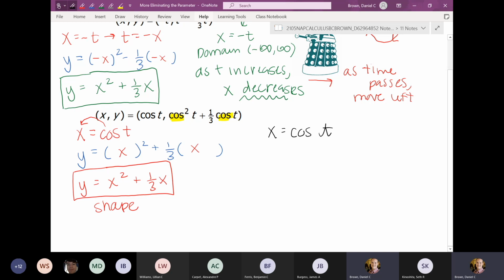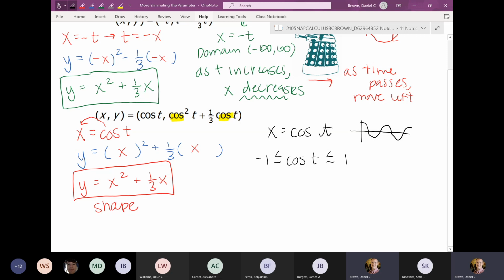So let's think about the restrictions first. Well, if x is cosine, think to yourself, what does the graph of cosine look like? Cosine looks like this. It definitely does have some restrictions. What is the cosine of t always going to be stuck between? It's always between -1 and +1. It can't go outside those boundaries.